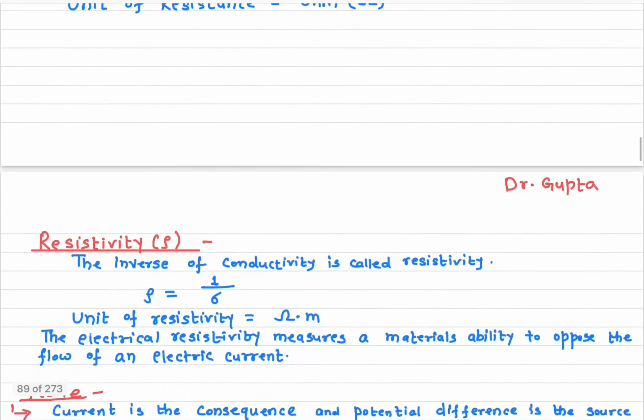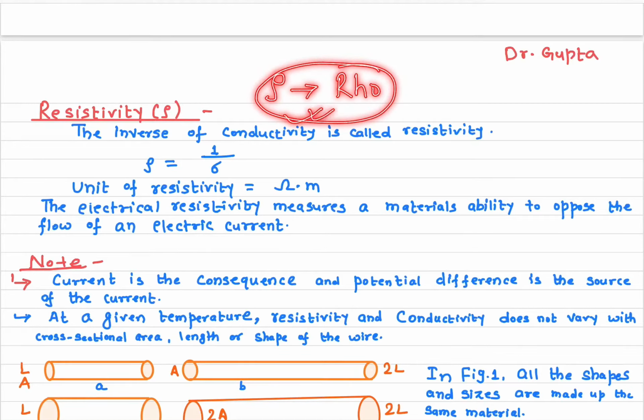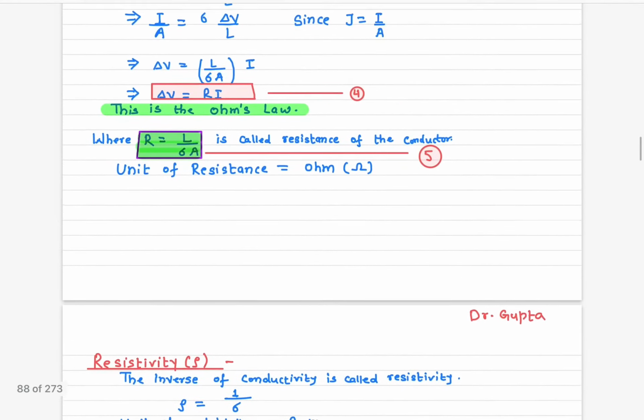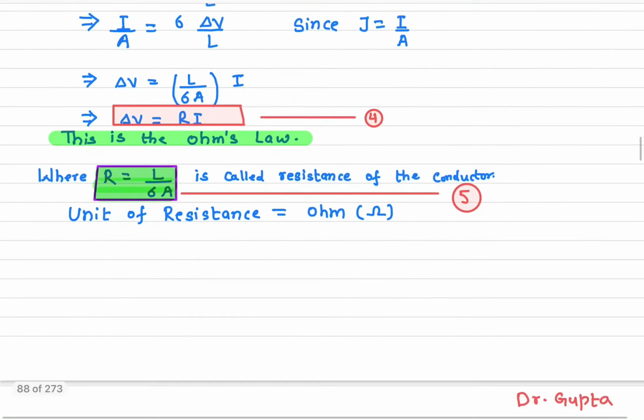Now let's talk about another term here, the resistivity. The resistivity is denoted by this term, which is pronounced as rho, R-H-O. And this is nothing but the reciprocal of conductivity. We have defined conductivity sigma, you see this sigma here.